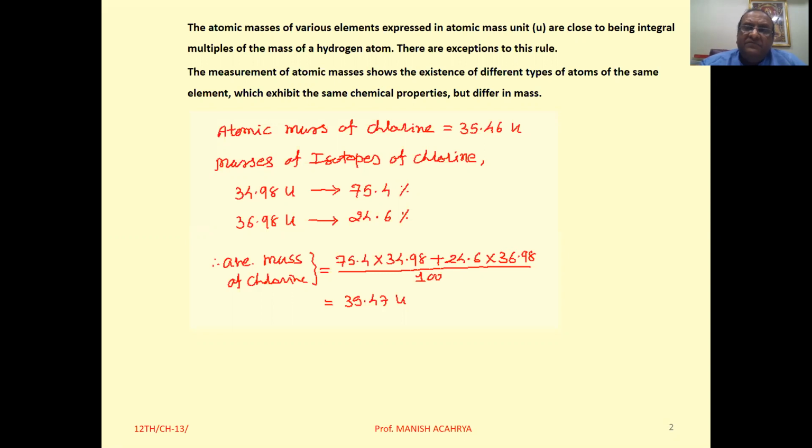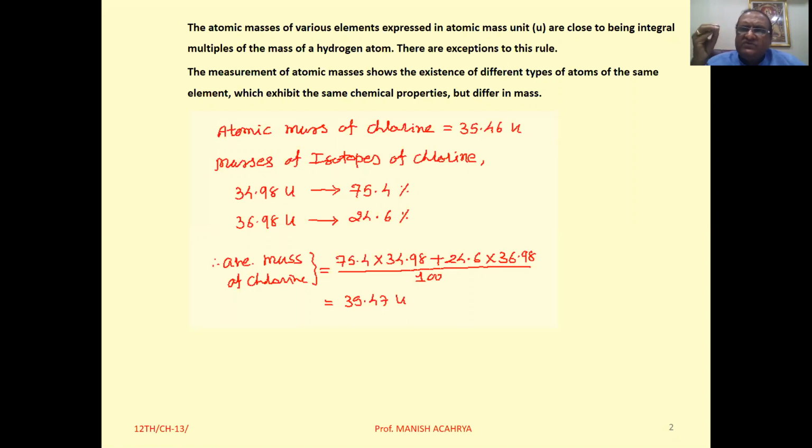But if we think about the masses of all these three, the masses are in the ratio 1:2:3. Only one electron is there. The mass of electron is very small, it is 0.0055 u.